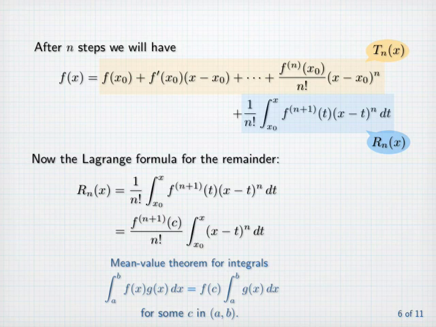Now we can evaluate that integral, and when we do, it becomes 1 over (n plus 1) times (x minus t) to the (n plus 1) power evaluated between x naught and x, which equals 1 over (n plus 1) times (x minus x naught) to the (n plus first) power. Now, since n factorial times (n plus 1) is just (n plus 1) factorial, we have R sub n of x equal to Lagrange's formula for the remainder.